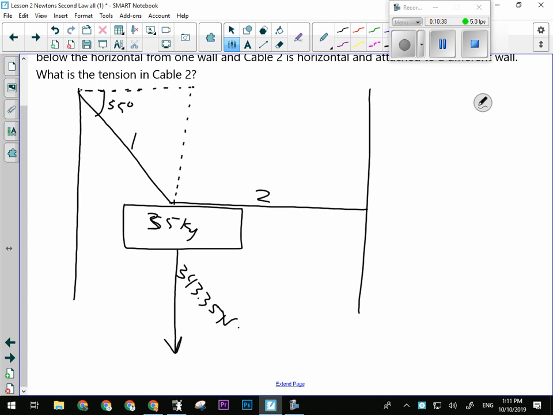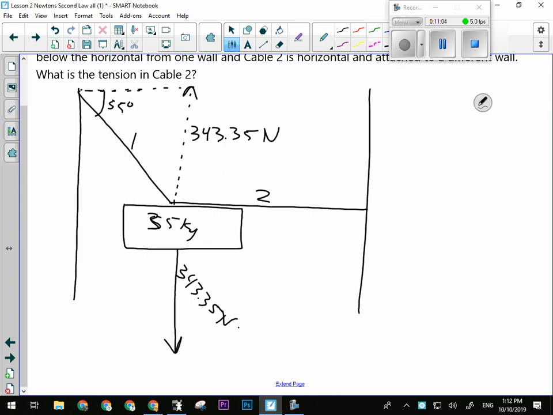How big is its vertical component? 343.35. It has to be. If the net force is 0, there's got to be exactly the same amount of newtons up as there are newtons down. So this side is 343.35 newtons.